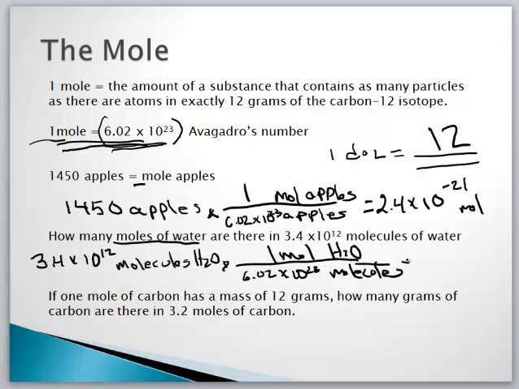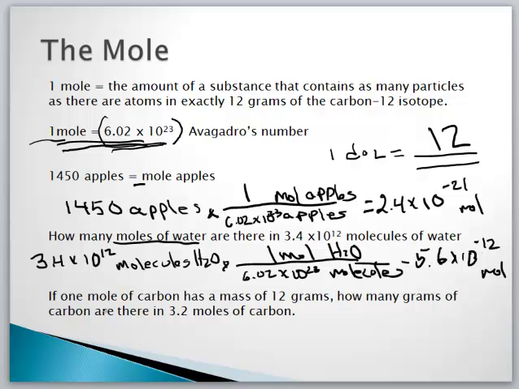When we do the math, 3.4 times 10 to the 12th divided by 6.02 times 10 to the 23rd gives you 5.6 times 10 to the negative 12th moles. Again, the dimensional analysis helps ensure that the math is correct when the intuition won't tell you if that number is correct or not.